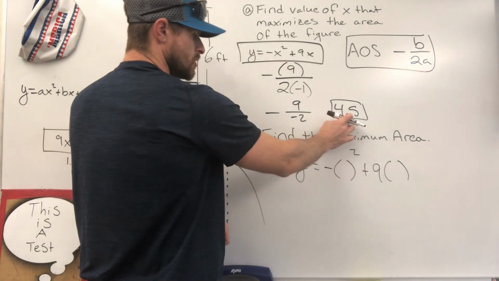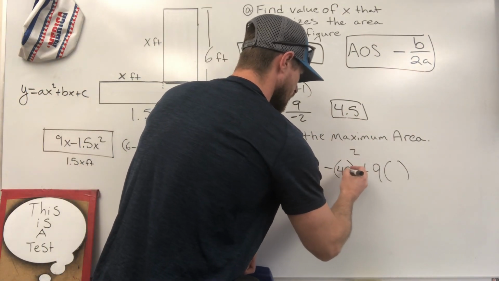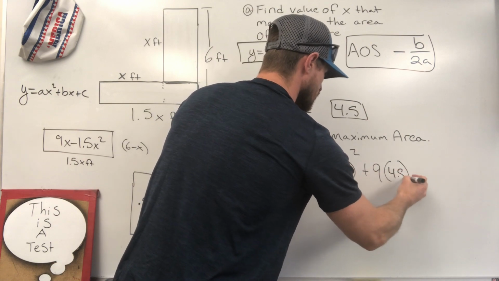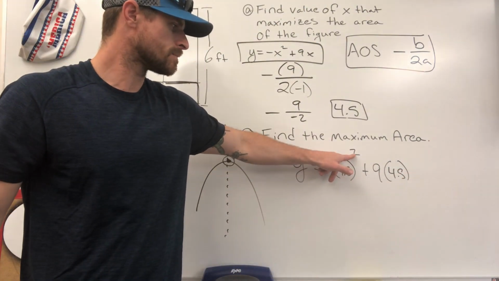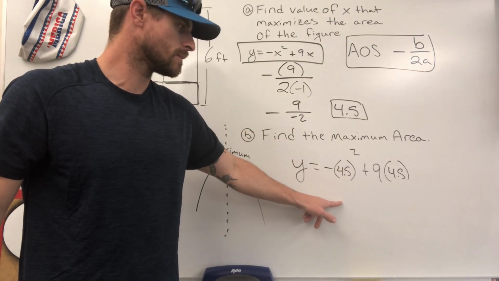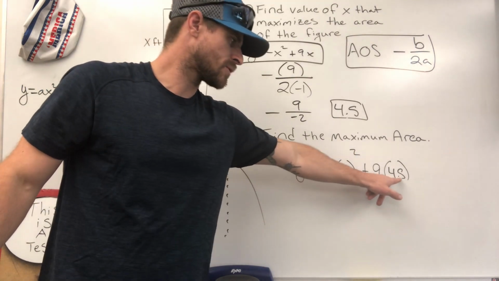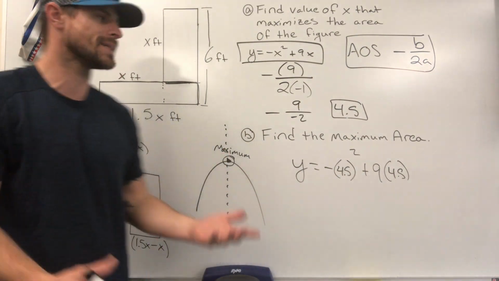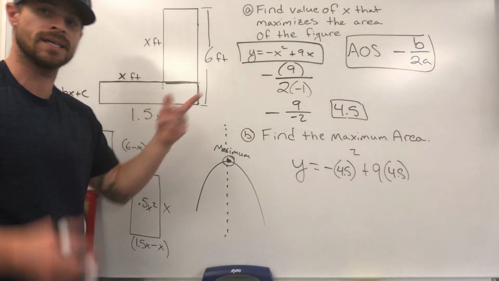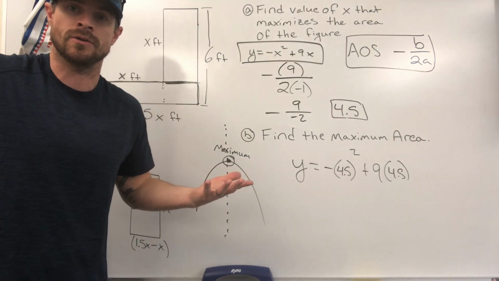I'm going to take that value of 4.5 and plug it in, and then work this out. So now I need to take 4.5 squared. It'll become a negative value down here. Then I'm going to take 9 times 4.5. I'm going to combine those two values, and it will tell me exactly what my area would be. And keep in mind, this is the maximum area we could create.